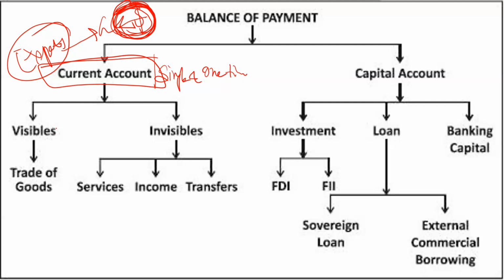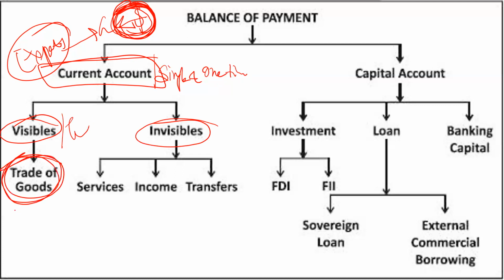And this current account consists of visibles and invisibles. The visible is the trade account, which consists of trade of goods only, that means export and import of goods. The invisible consists of export and import of services, income and transfers.